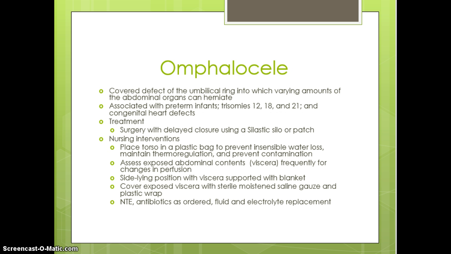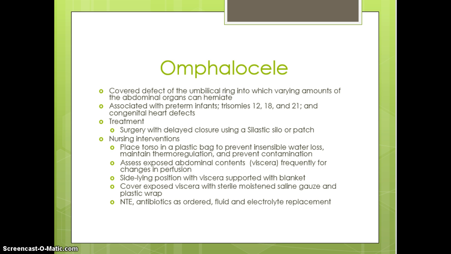An omphalocele is a defect out of the umbilical ring, and it can be varying amounts. So you might see a small portion of abdominal organs herniated out, or maybe you'll see the entire contents herniated out.